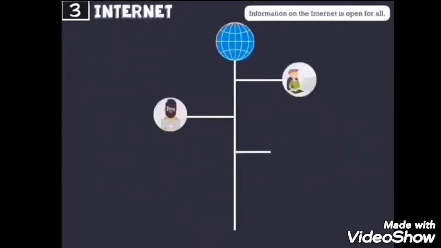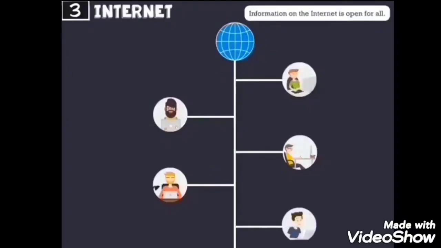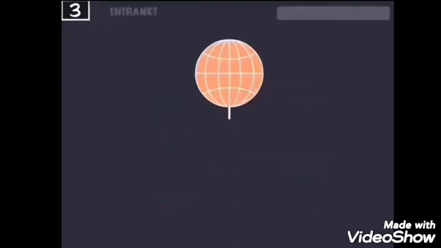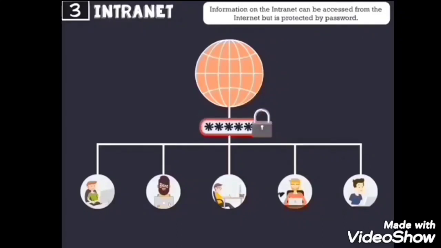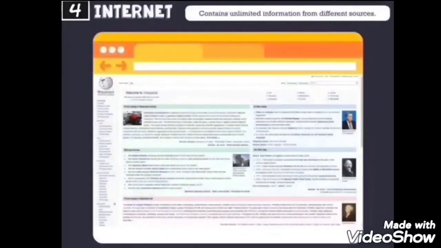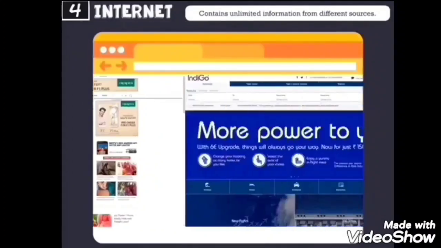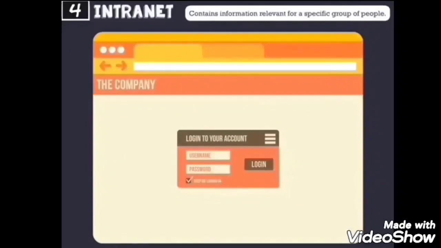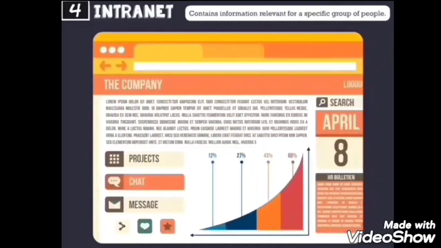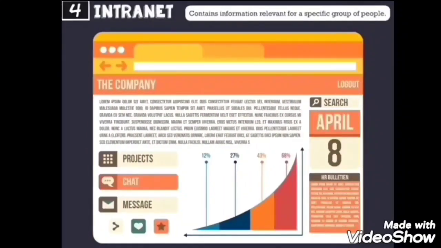Internet: information on the internet is open for all. Intranet: information on the intranet can be accessed from the internet but is protected by password. Internet contains unlimited information from different sources. Intranet contains information relevant for a specific group of people.